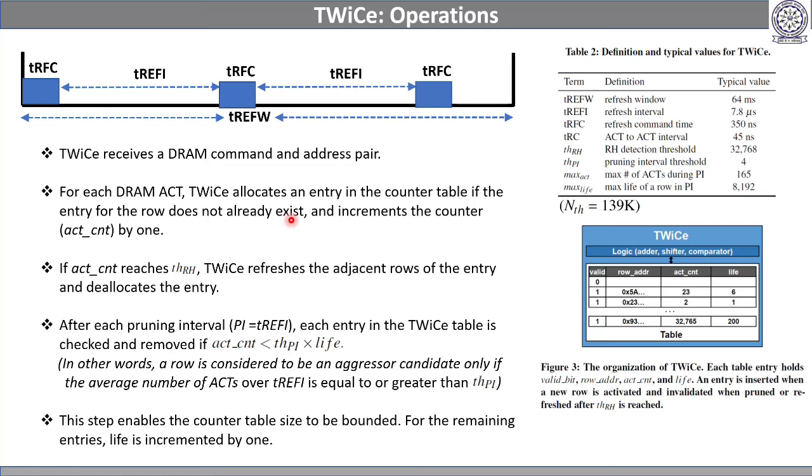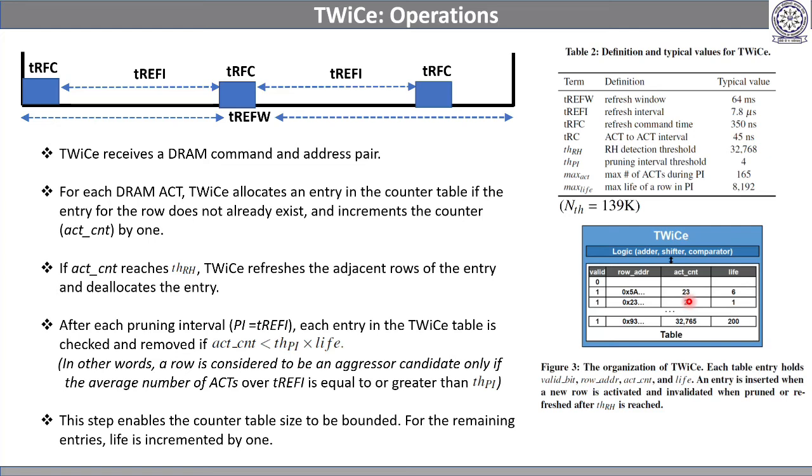And during this activation, at any time if this counter value exceeds TRH, that means we have detected an RH attack. This is the detection. So the moment we detect an RH attack, you know what the mitigation technique is.